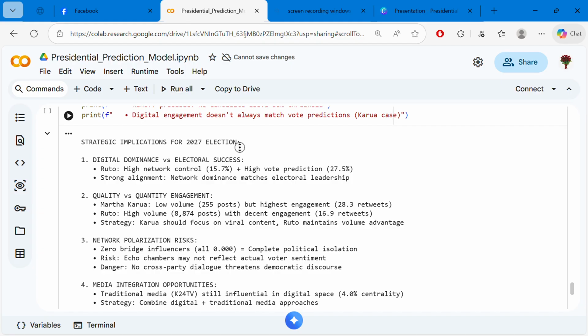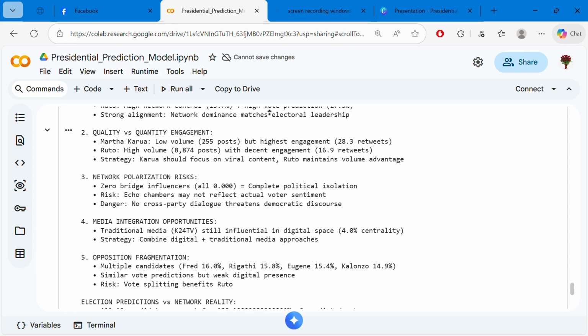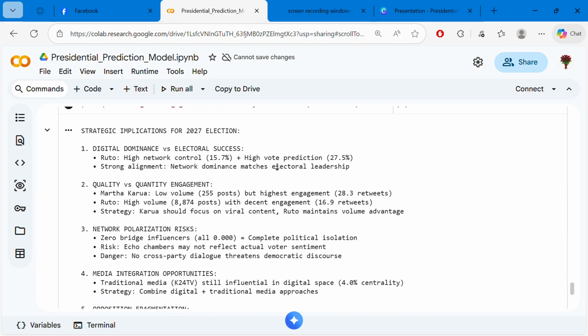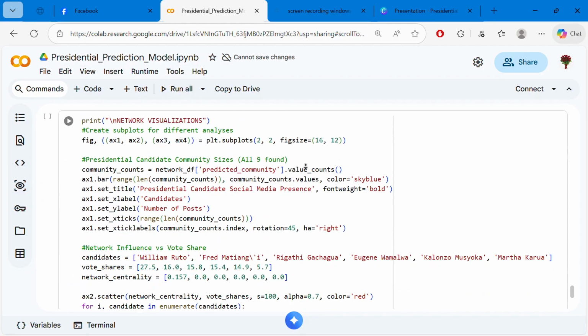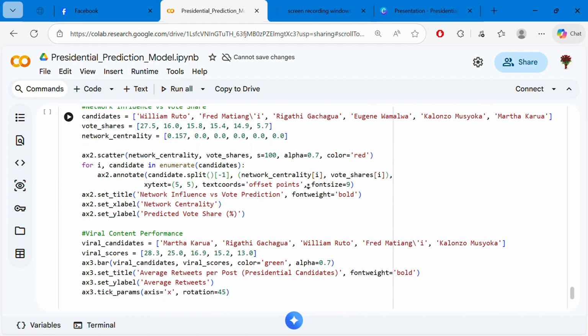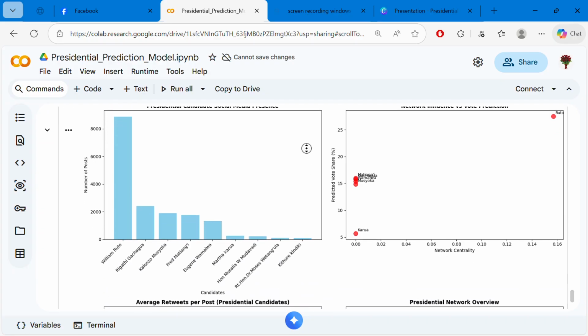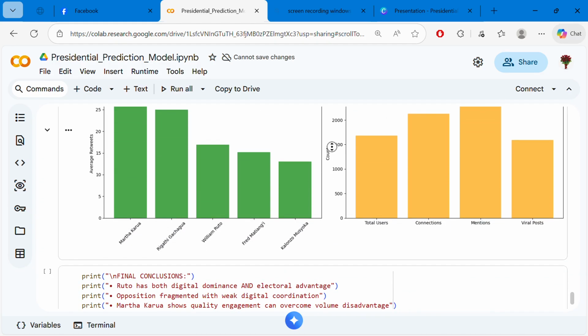For digital dominance and electoral success, Ruto had high network control and high vote prediction. Network dominance matches electoral leadership. This is a summary of strategic implications for the 2027 elections. Network visualization is down here: William Ruto in number of posts, average retweets per post, presidential network overview.